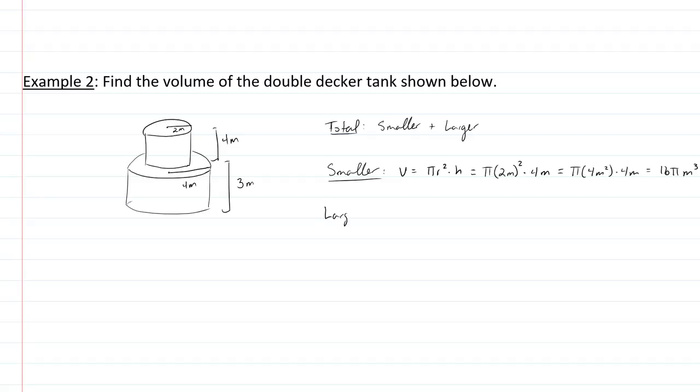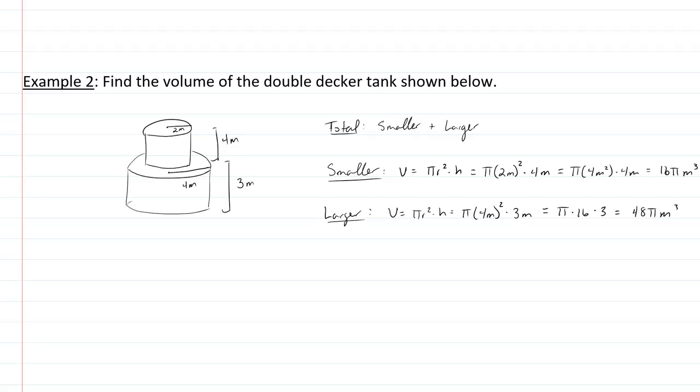Now calculating the larger tank, volume is again pi r squared times h, and we substitute in 4 meters for the radius and 3 meters for the height. This gives us pi times 16 times 3, which is just 48 pi meters cubed.